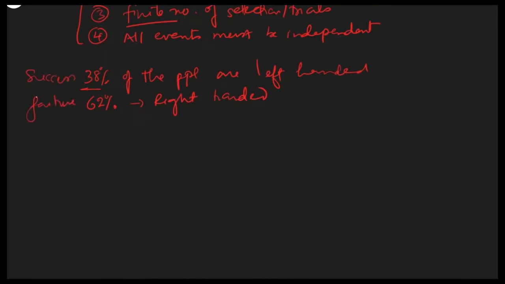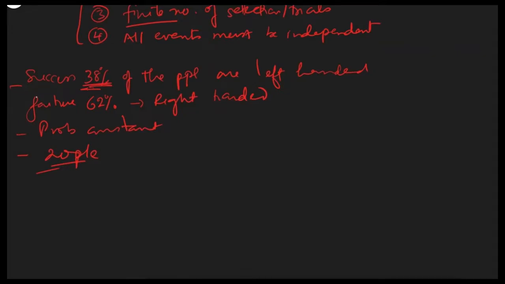Second, probability must remain constant. So if I choose 10 people of that population or 100 people, there is always a 38% chance that the person we will be choosing will be left-handed. So the second condition is also met, that the probability is the same throughout. Third, if they have given a finite number of selections, if we select 20 people out of the population, isn't 20 a finite number?